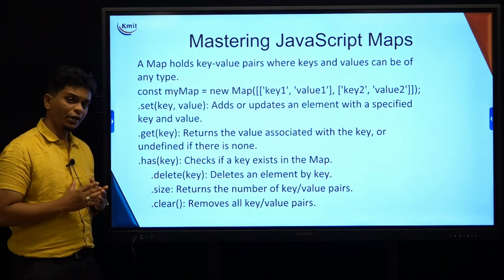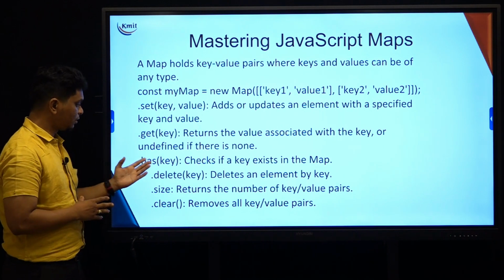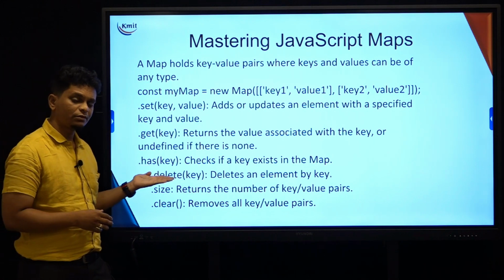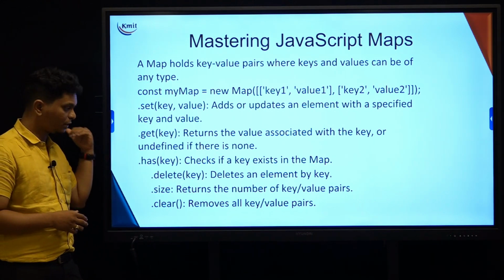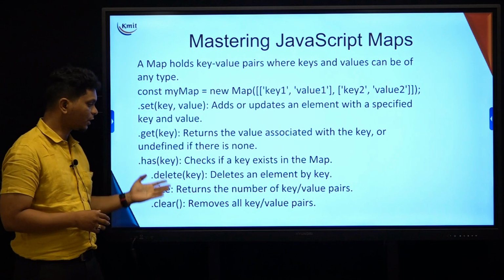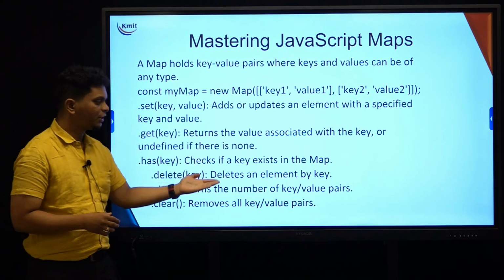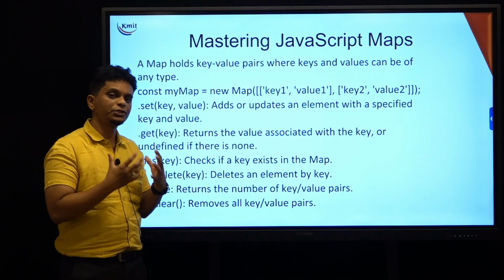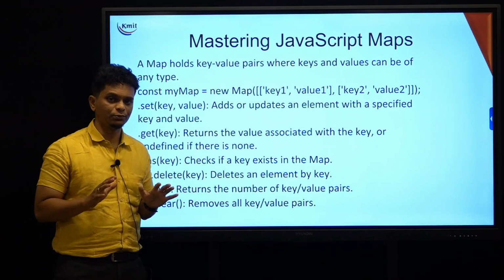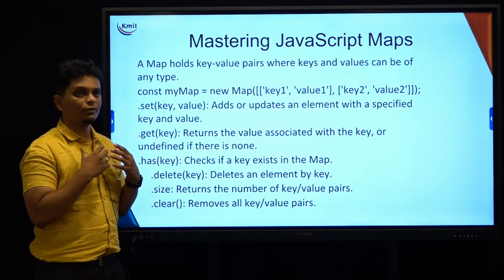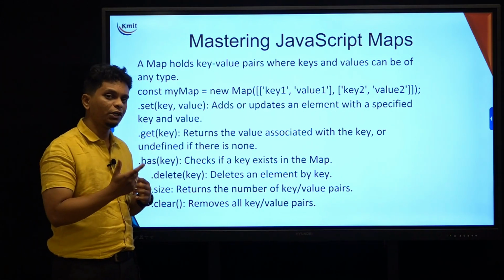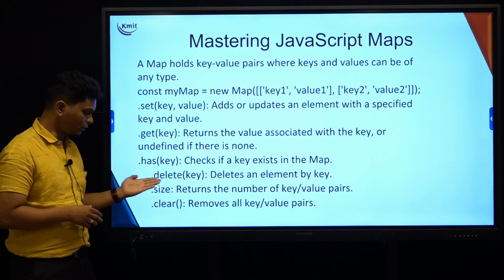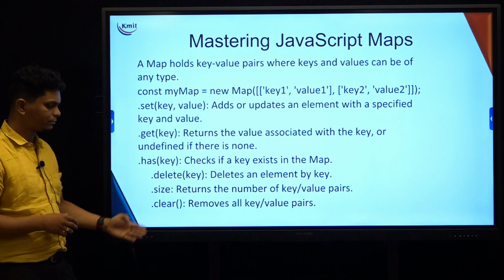Then we have dot has key. You have already seen dot has in the case of sets. It has a similar function here in maps. It checks if a key exists in the map. Here we are performing operations on the key, we are not touching values. So when it comes to maps we always have to deal with their keys. And later we have methods like dot delete, dot size, dot clear.